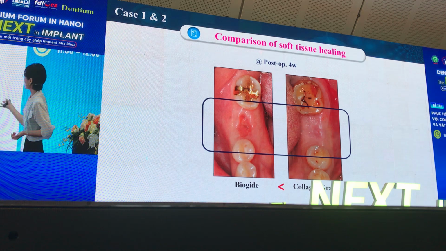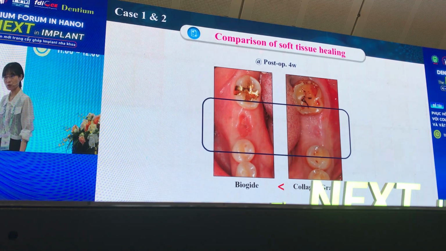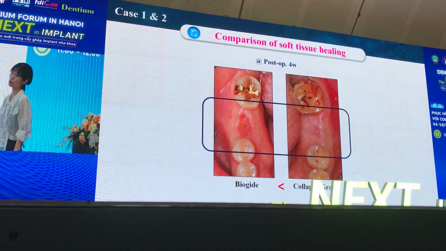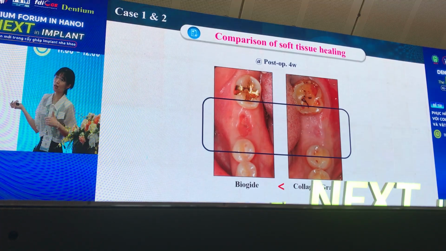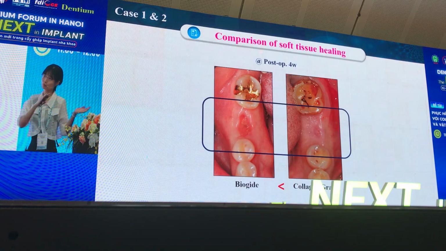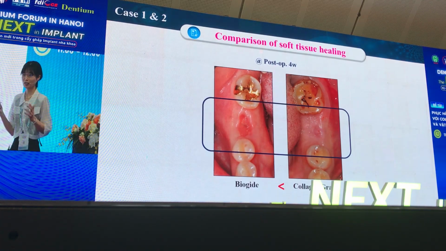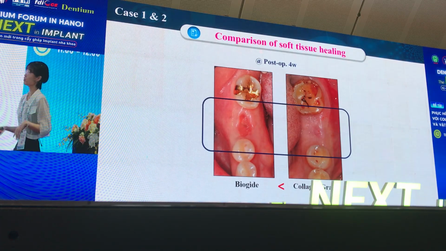But in the case of Collagen Graft 2, it shows very stable and also thicker gingival tissue regeneration. So after that, I changed my materials from the BioBite to Collagen Graft 2 for the stable and also thick gingival regeneration.